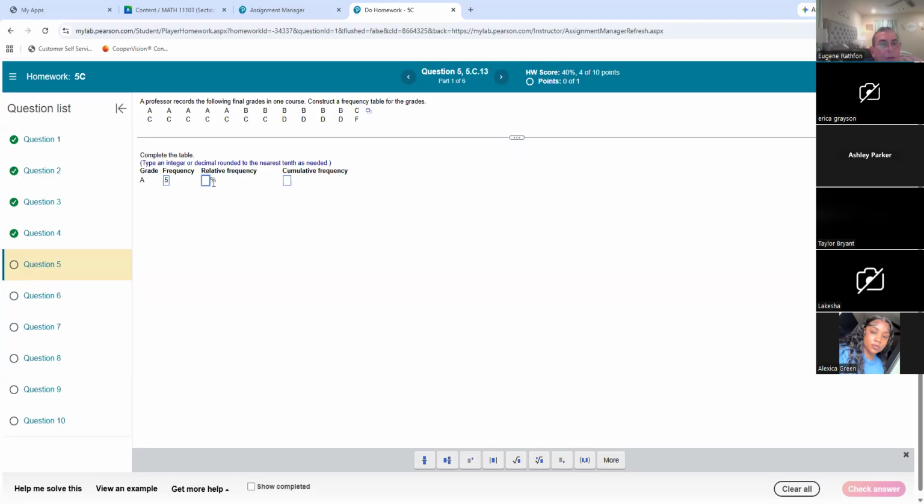And y'all, it's saying round it to the nearest tenth. So if you divide 5 by 24, you get 0.20. Let's move them decimals right twice. You get 20. Now we got to go one more digit, Taylor, because if you notice right here, it says round it to the nearest tenth.